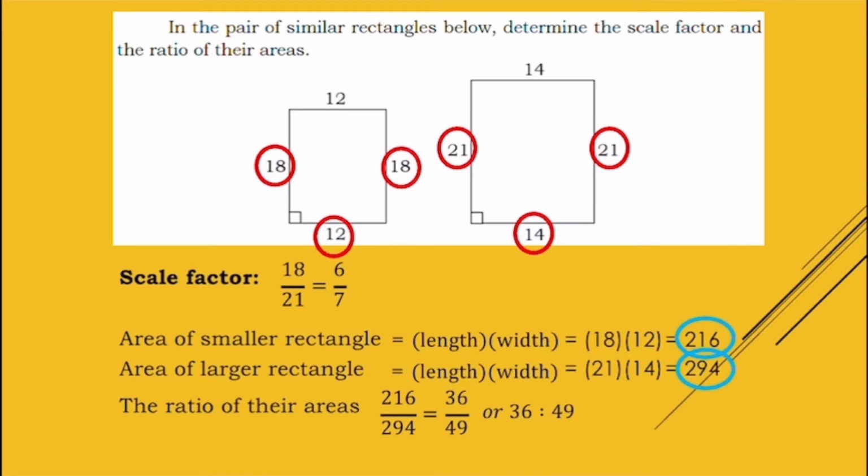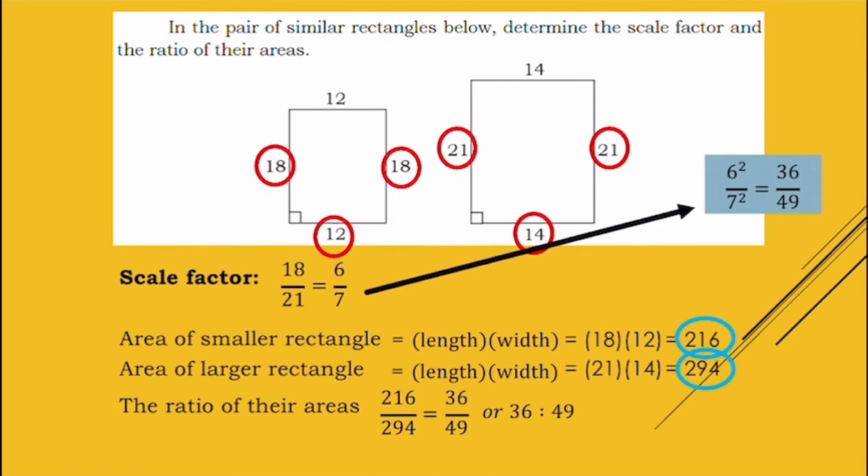Now, if we compare our ratio of the areas to our scale factor, if we square our scale factor, we will have the same ratio of their areas, which is 36 over 49, from 6 squared over 7 squared. That is our example number 5.